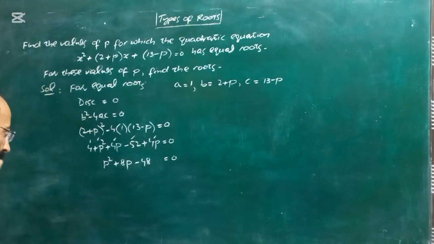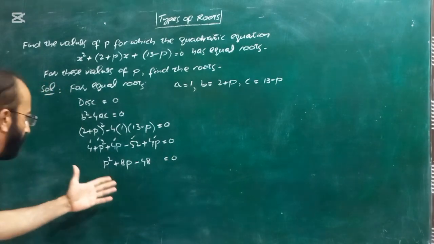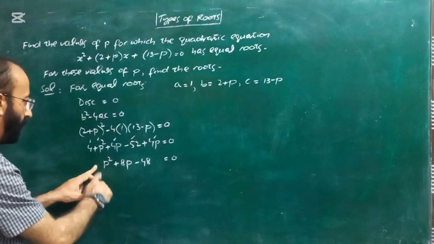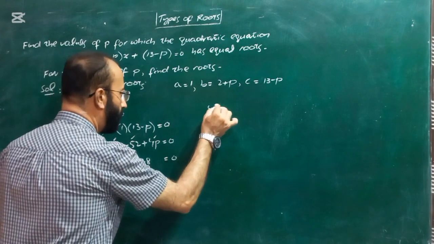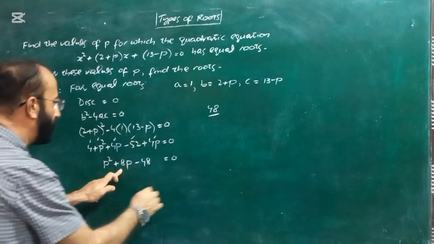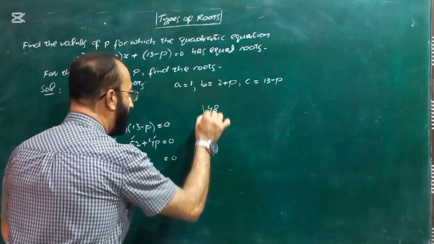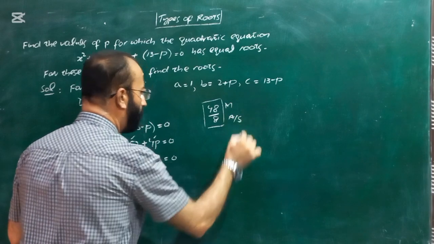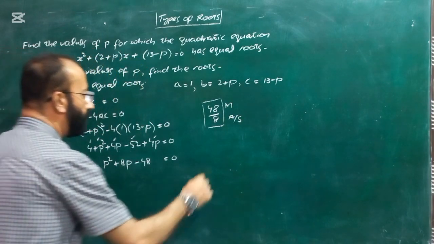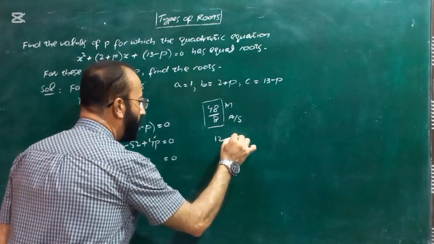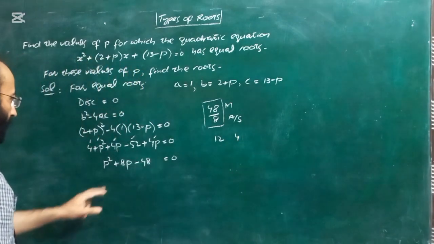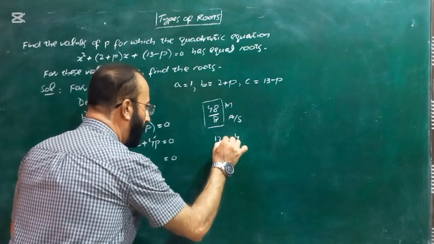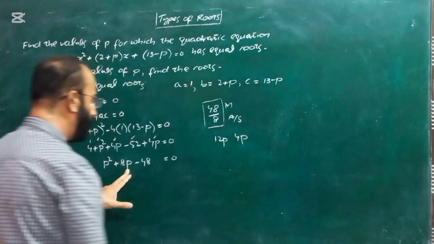At this step, we are going to solve the equation through the factorization method. Multiply the coefficient of the first term with the last one. So 48, central coefficient is 8. Now think of a pair of numbers whose multiplication equals this one, and addition or subtraction equals this one. So 12 and 4. Okay, write the variable with both these two values.